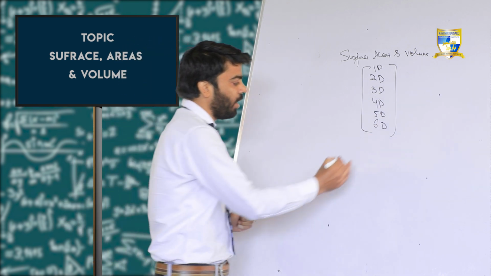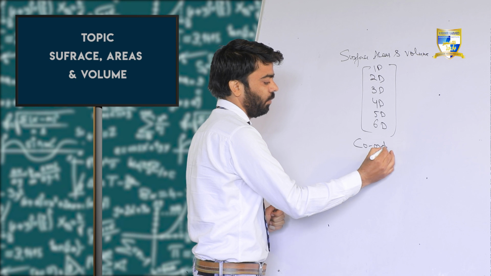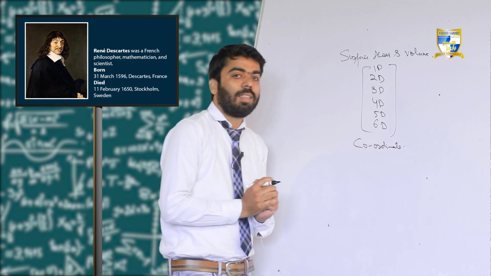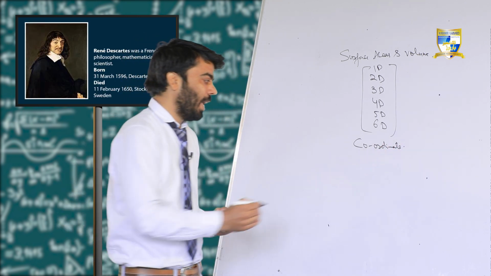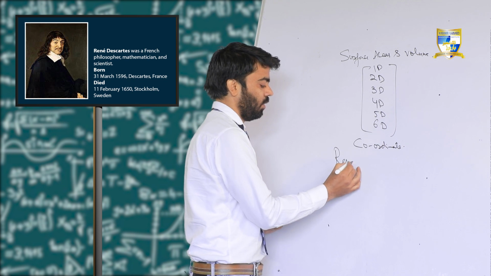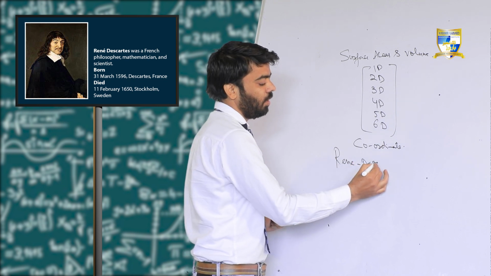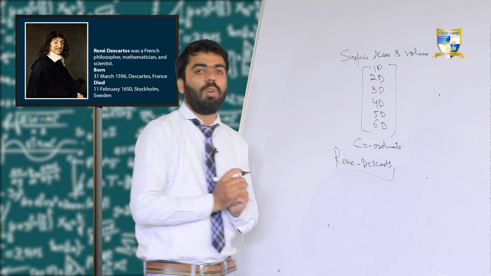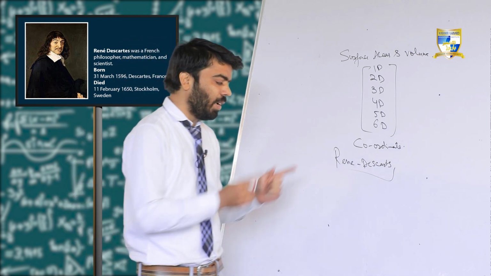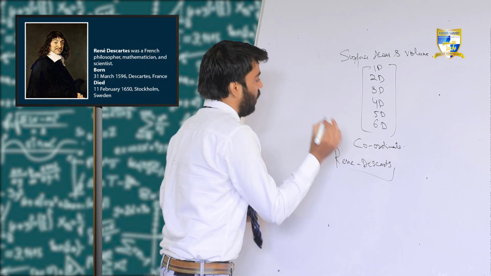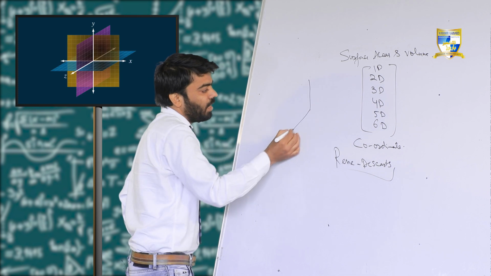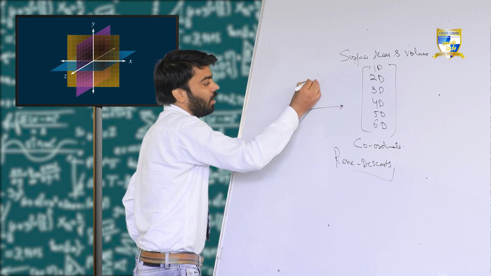We all know the coordinate geometry, the coordinate system. And we also know that the father of coordinate geometry was René Descartes, who gave us the concept of the 3D system. What he did was make a planar geometry concept like this.